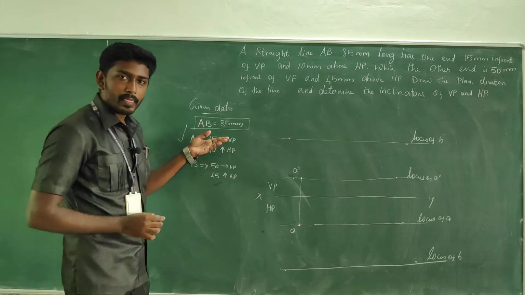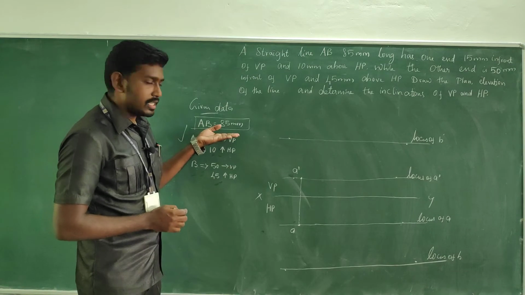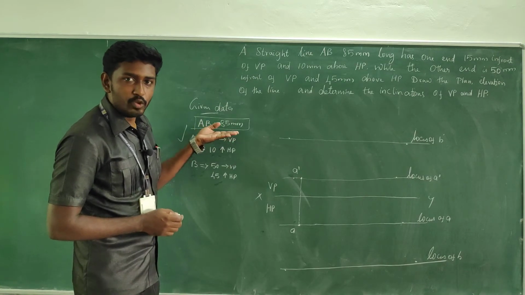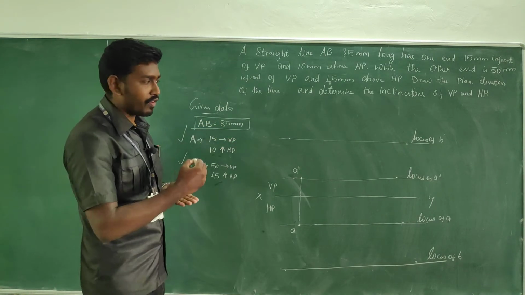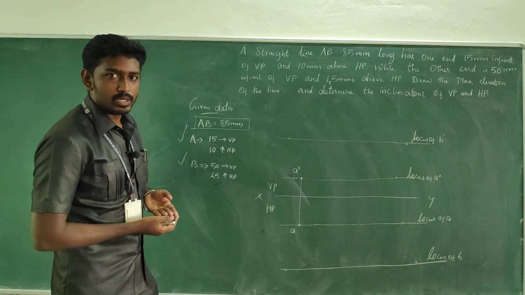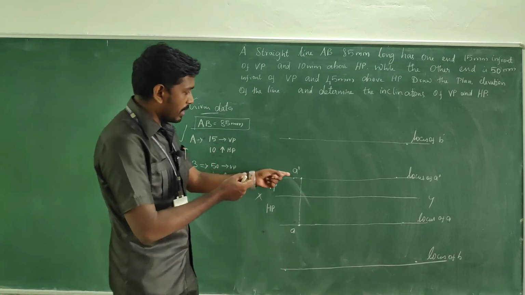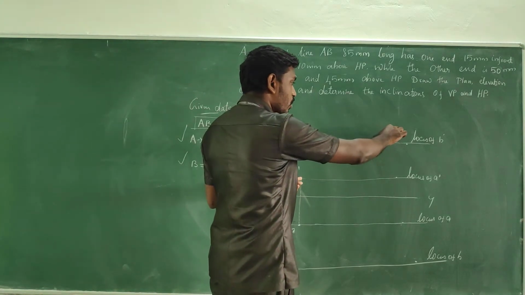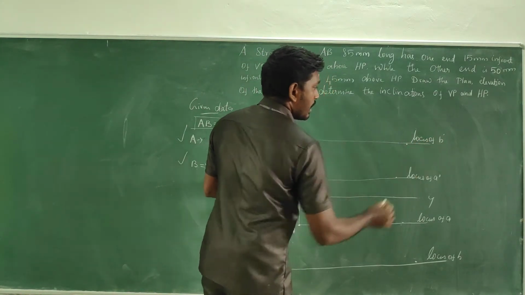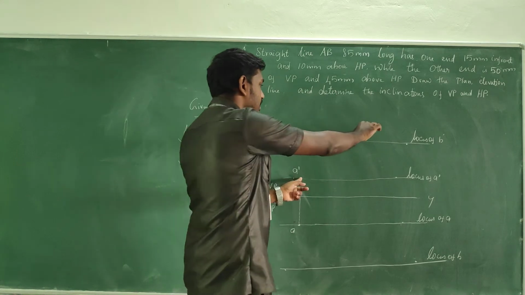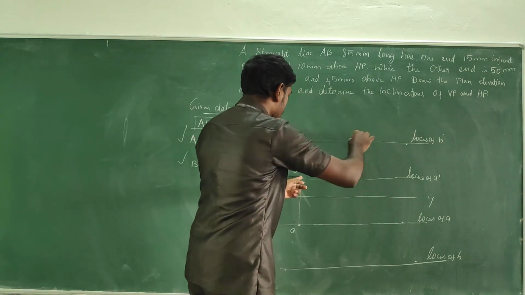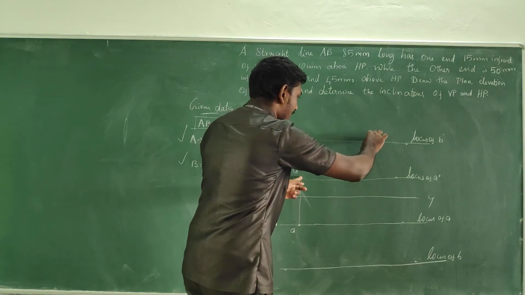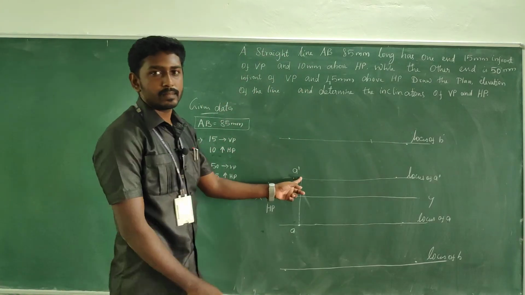So now just measure this 85 mm in your compass. In order to find the other end, placing A dash as center, we are going to find the next end, that means B dash and B. In the locus of B dash, placing A dash as center, make a cut mark.